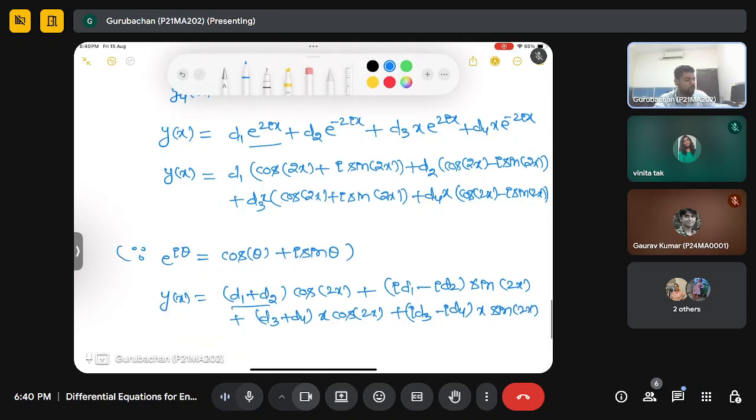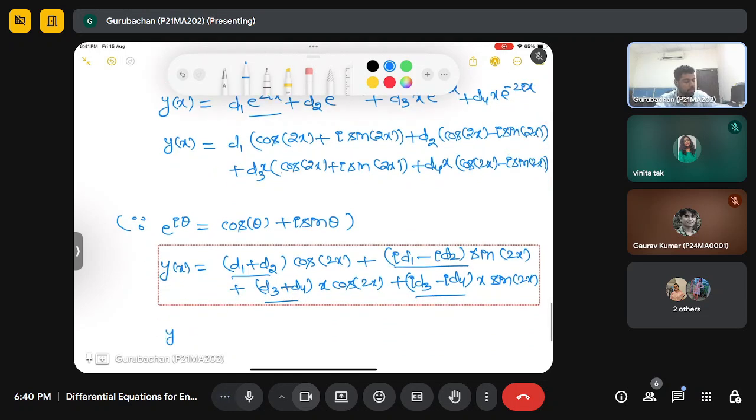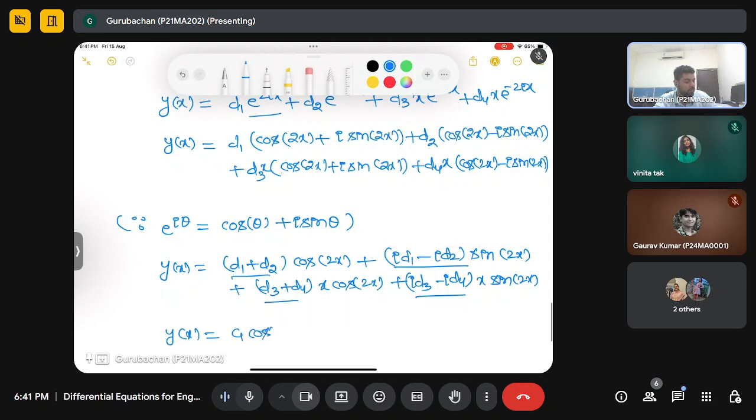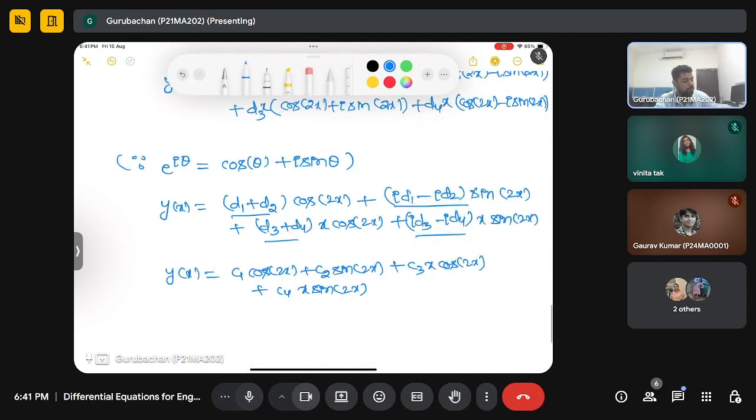Since d1, d2, d3, d4 are arbitrary constants, we can replace them with c1, c2, c3, c4. So it will be c1 cos 2x + c2 sin 2x + c3 x cos 2x + c4 x sin 2x.